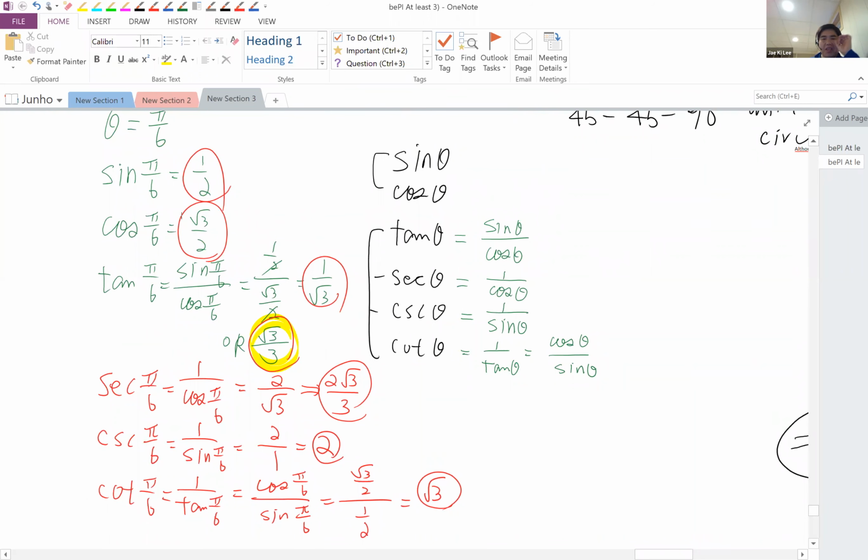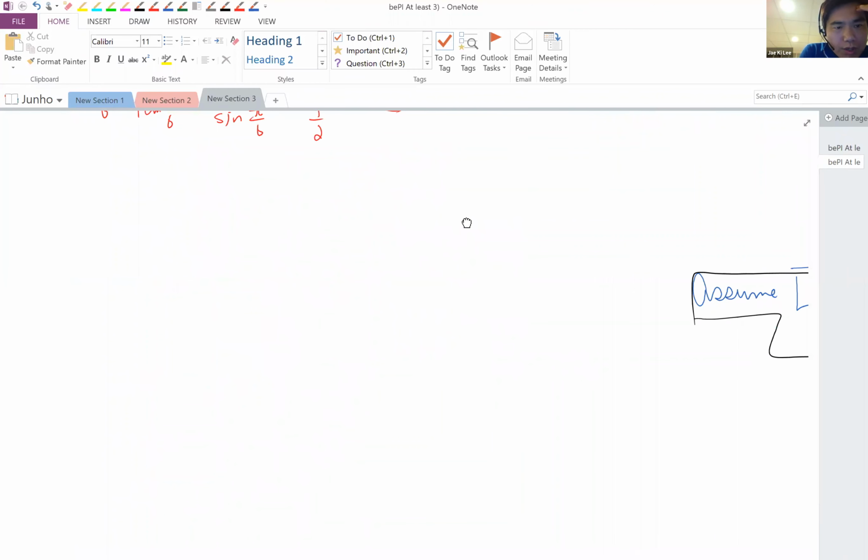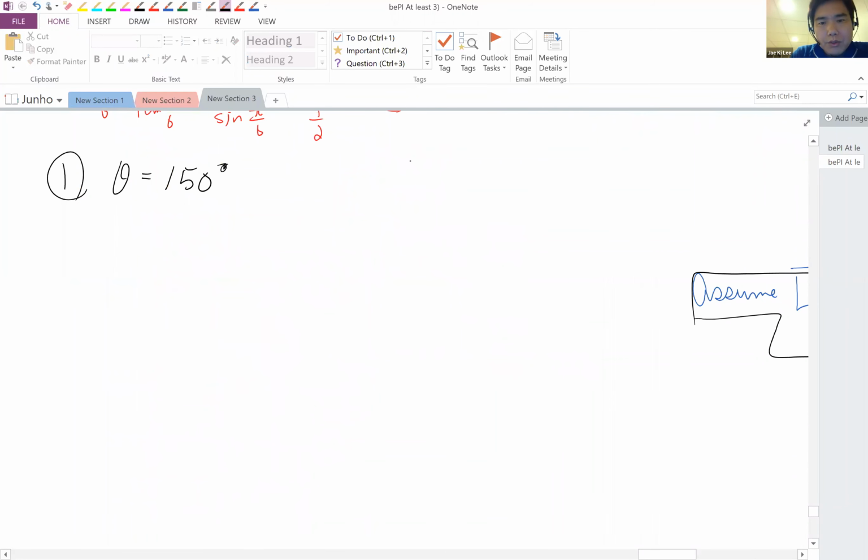All right, then I'm going to give you a couple of theta values. It can be given in either degrees or radians. Just figure out the 6 trigonometry function values. So number 1, theta equals 150 degrees. And number 2, theta equals 3 pi over 4.